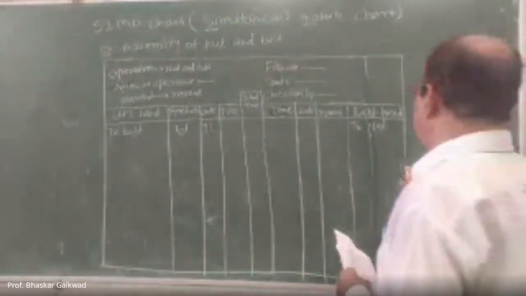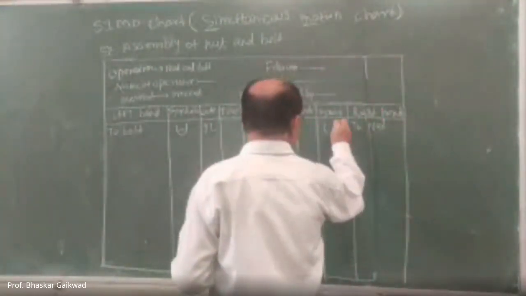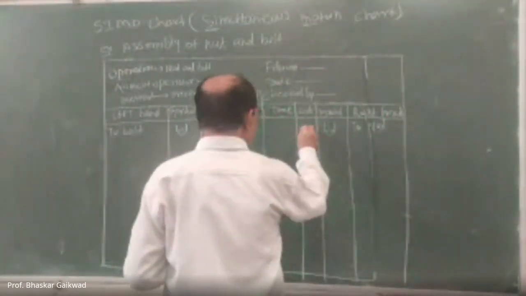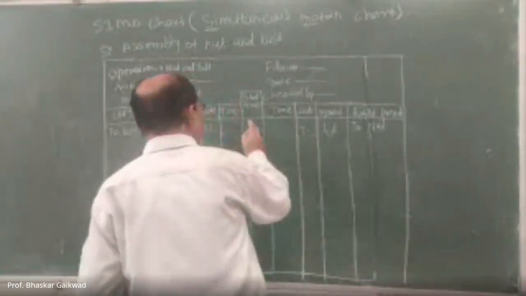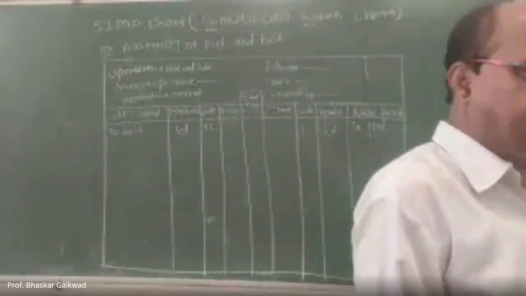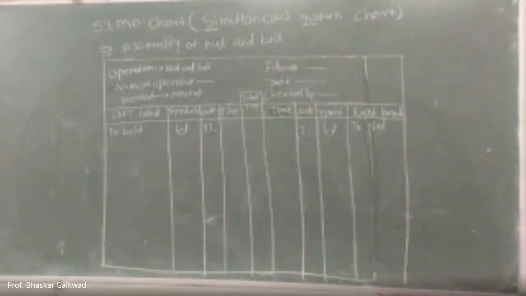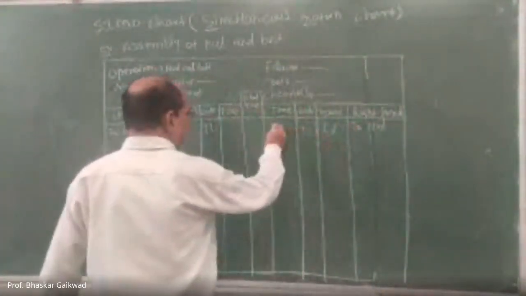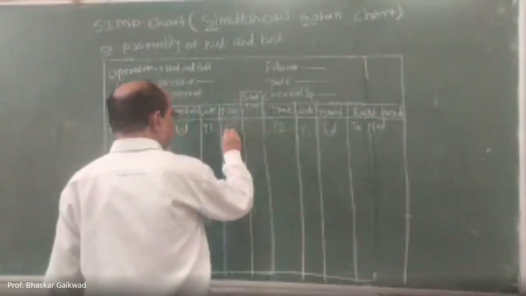And here also a symbol like this, and here is time. So how much time is required? This time you get from your micro motion study camera. Let us consider for this activity, this time is 12, total time is 12.